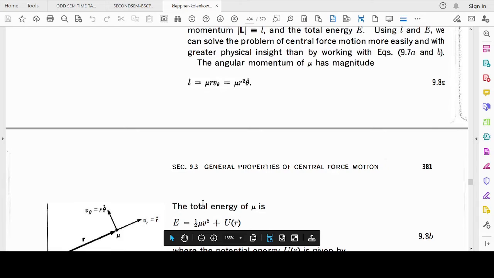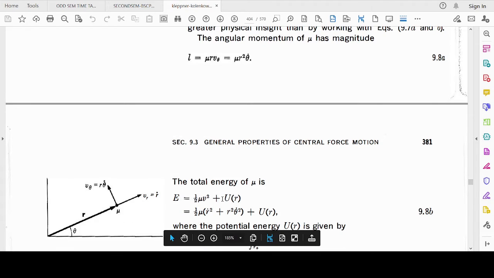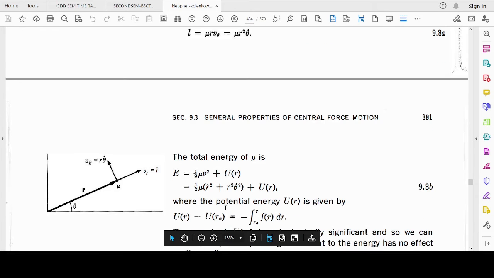So we are going to write the energy values: half mu v square, where v square is velocity square. Since I am using the spherical polar system, that is r dot square plus r square theta dot square, because the velocity square in terms of r and theta is given by r dot square plus r square theta dot square, because there are two velocities.